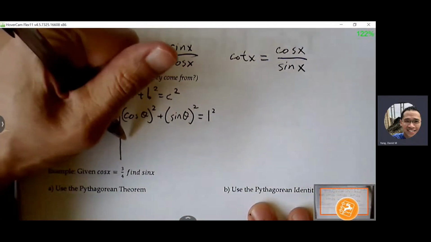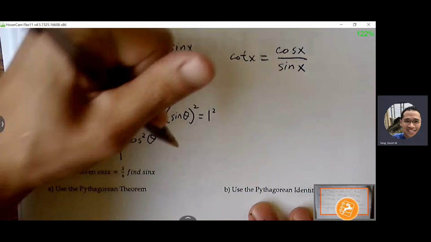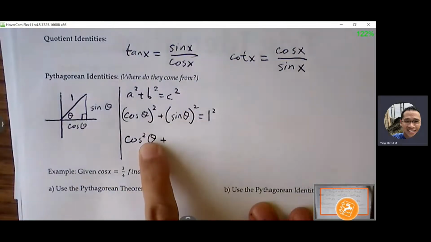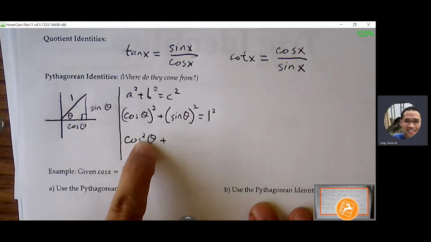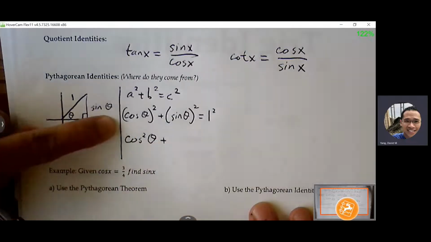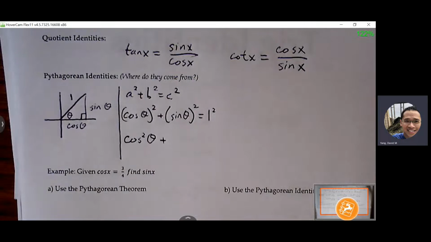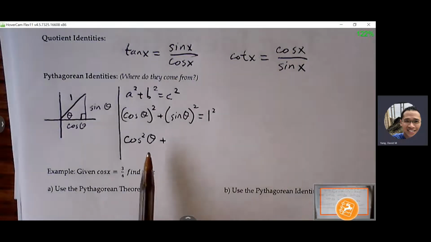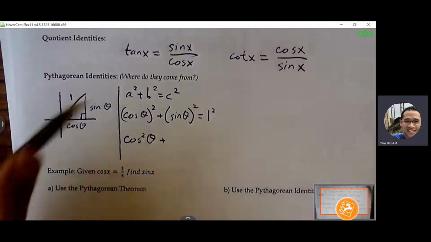So typically, what you're going to see is sticking that squared between the cosine and the theta. But I don't want us to be confused and think of this as something meaning that we're squaring the theta or squaring the cosine but not the theta. This is just a shorthand way of writing this, just so that we don't have to use as many parentheses, right? This means that we are squaring the entire cosine of theta, just like how we do here.